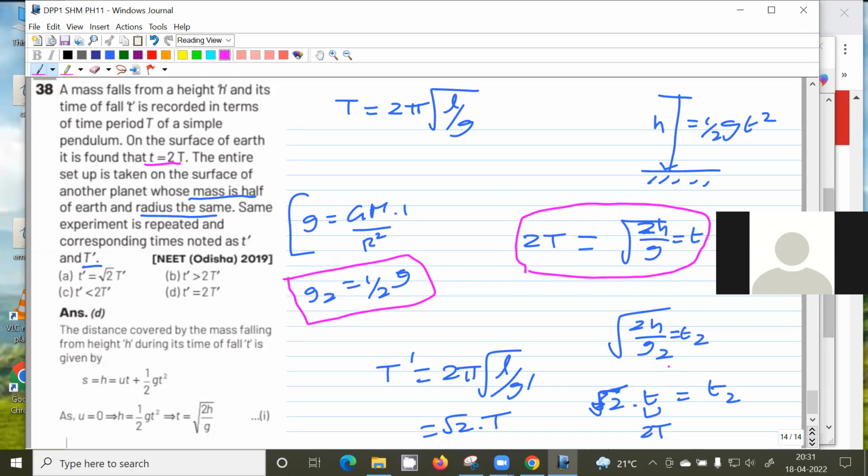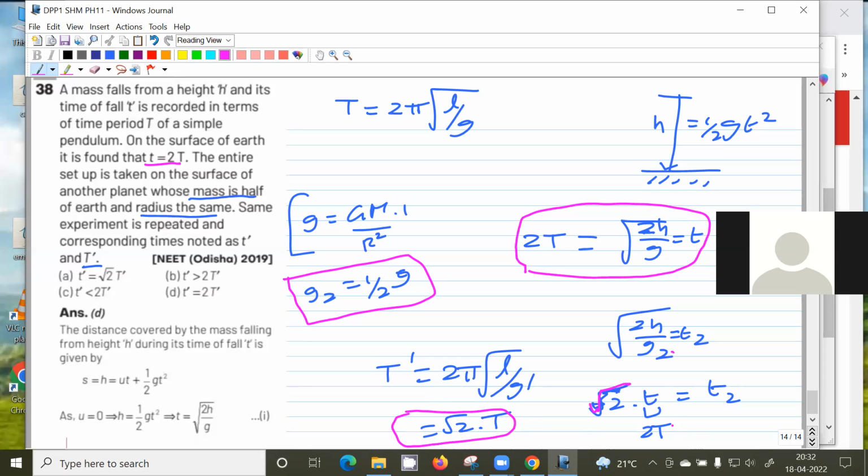And T2 is square root of 2h by g2, and g2 is half of g, so this is root 2 times T. And then T is 2T. And T prime is square root of L by g prime, and g prime is g by 2, so it's root 2 times T. This is also correct. So capital T I have to put as T prime by root 2.